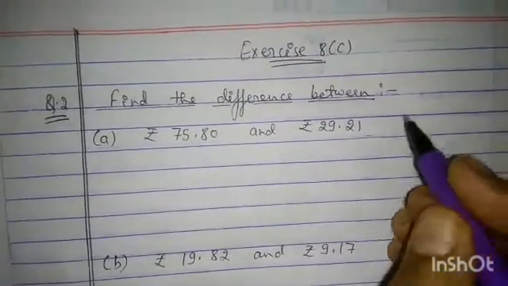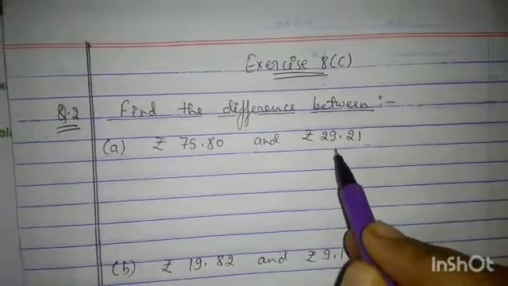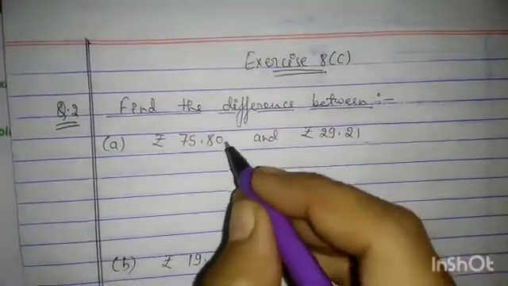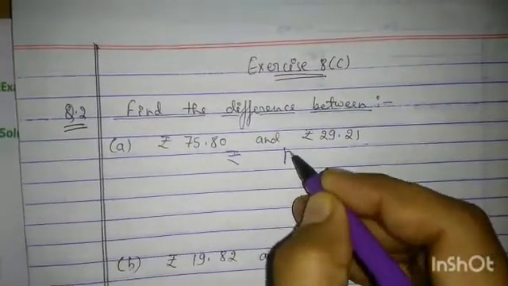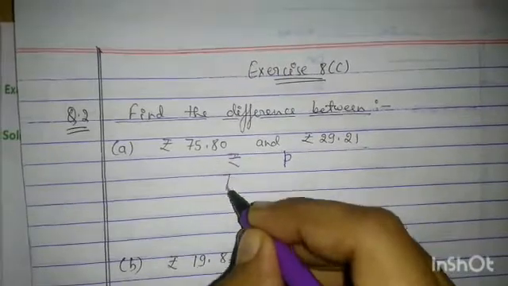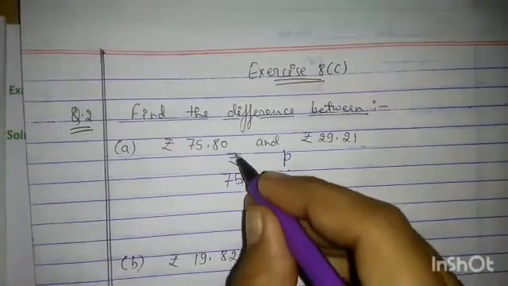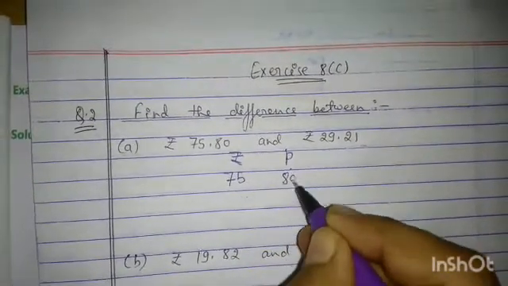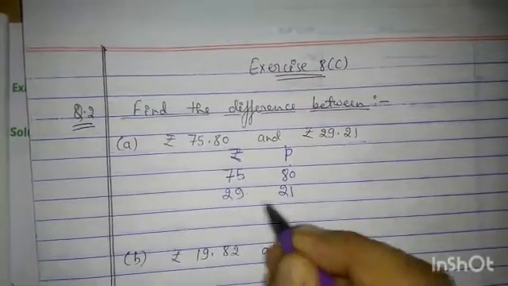Here is question number 2 of exercise 8C. Find the difference between rupees 75 and 80 paise and rupees 29 and 21 paise. So what do we do first? First make two columns of rupees and paise. Write 75 in the rupees column, then in the paise column write 80. Here 29, here 21.